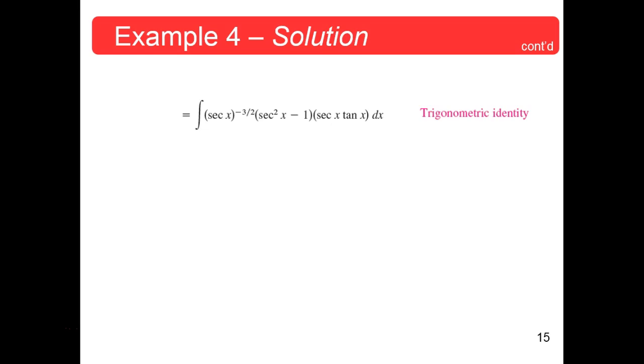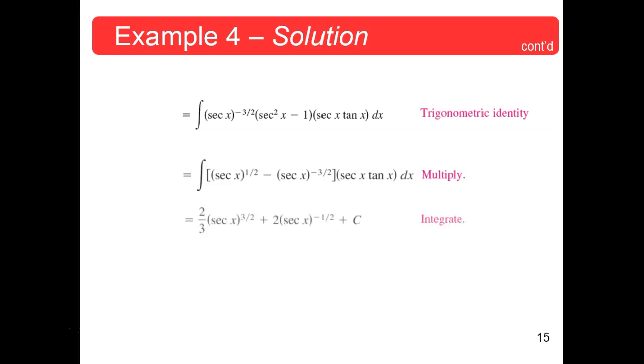Leave that alone for now. Then when you distribute across, this is to the minus 3/2, this is to the 4/2, that's going to be secant to the 1/2, and then this is to the minus 3/2, and then there's your d secant. Leave that alone. And then, they don't bother with the u substitution.